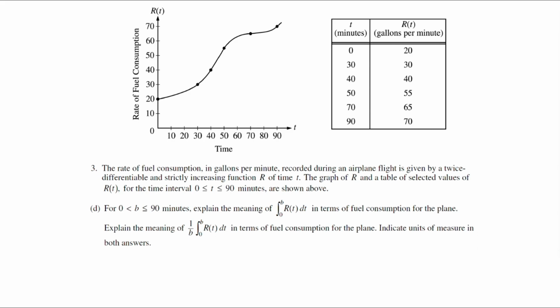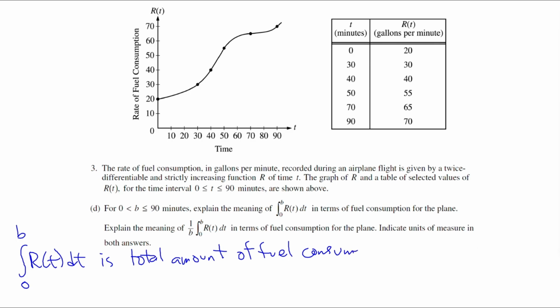And in part D, it says from 0 to 90 minutes, what is the integral from 0 to b of r in terms of fuel consumption for the plane? What does that mean? Well, if you integrate rate, it gives you an amount. So we can say the integral from 0 to b of r of t dt is the total amount of fuel consumed by the plane in those b minutes.